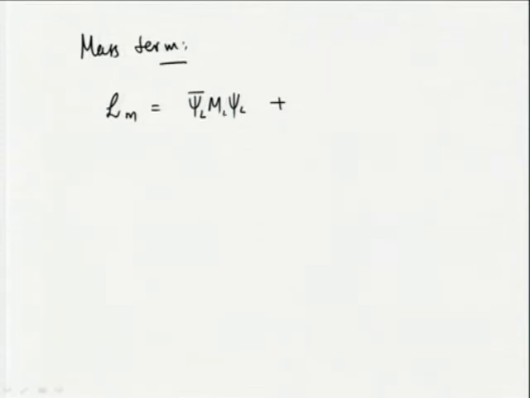Let me call this M_L, psi R bar M_R psi R. M are some coefficients, it could be a matrix, it could not be a matrix. In the first it could be a 2 by 2 matrix, in the second it cannot be a matrix, there is only one term. Plus you can also have, if you want, psi L bar M psi R and the Hermitian conjugate of this term.